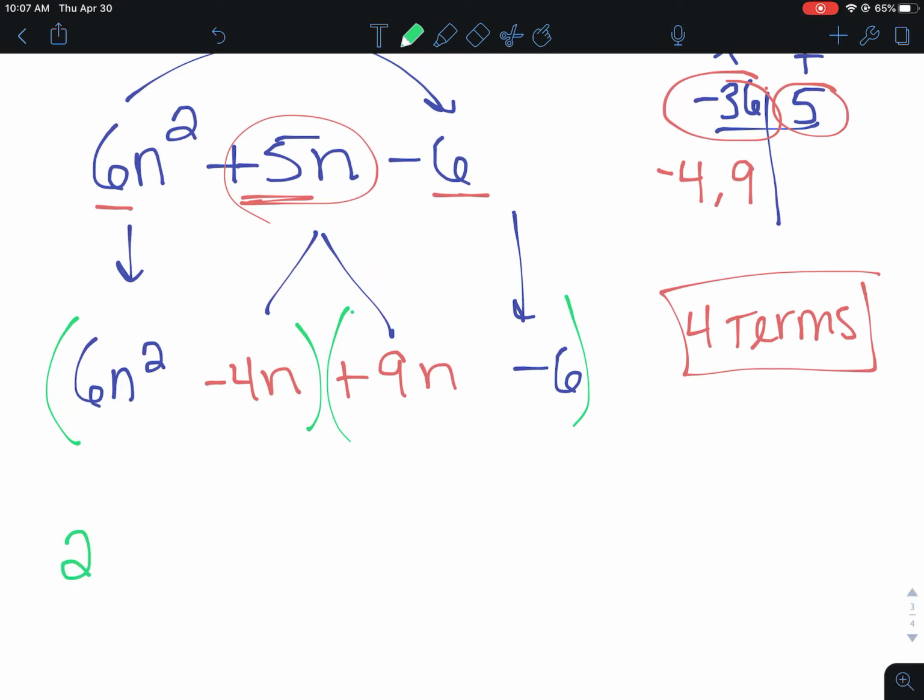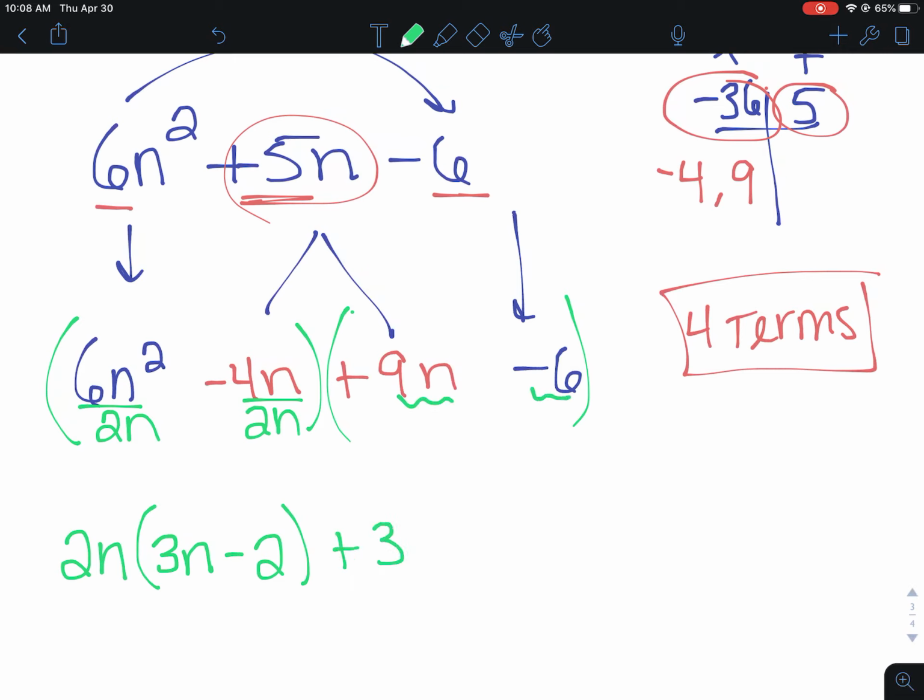6n squared minus 4n, well, I can take 2 out of those as well as an n. So 6n squared divided by 2n would be 3n. Negative 4n divided by 2n is minus 2. 9n negative 6, I can take out a positive 3.